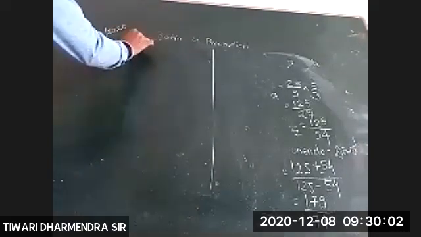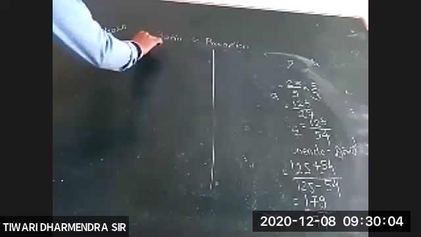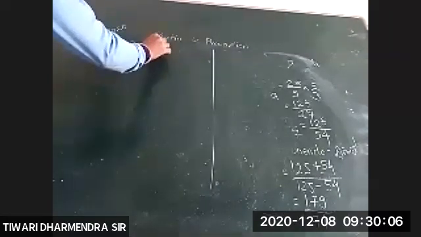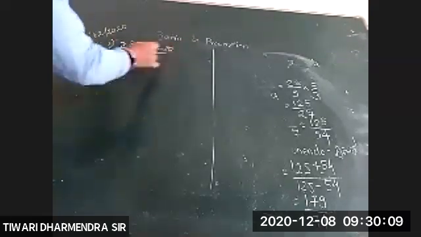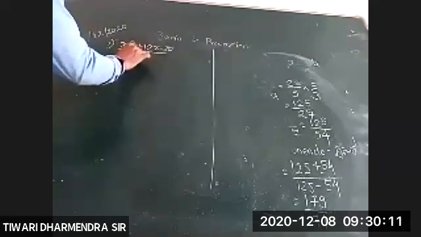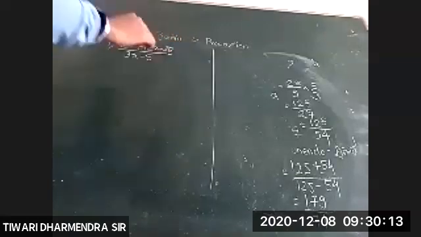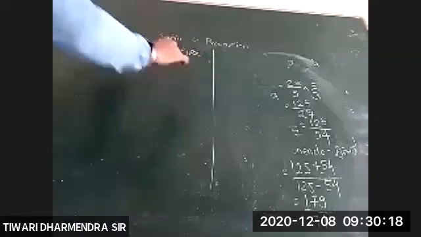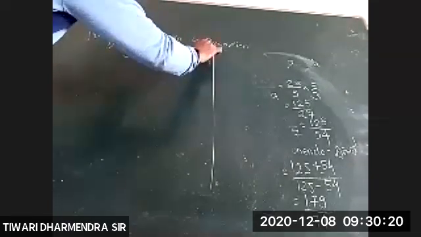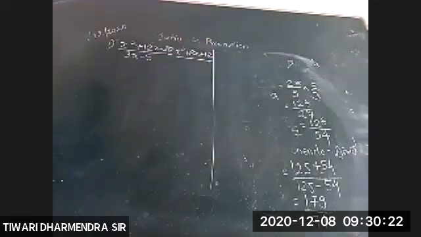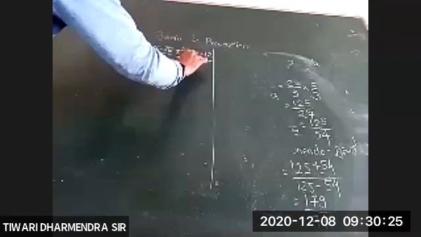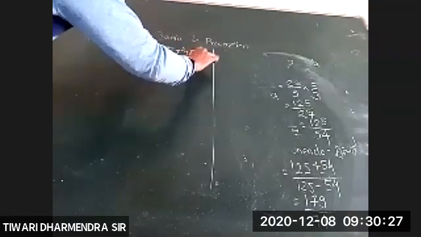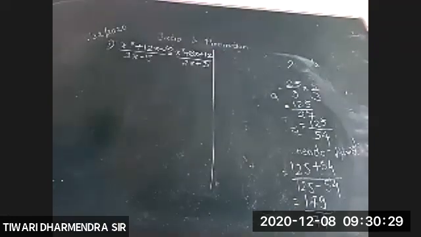That is (x square plus 12x minus 20) divided by (3x minus 5) is equal to (x square plus 8x plus 12) divided by (2x plus 3). So here we need to solve it and get the value of x.